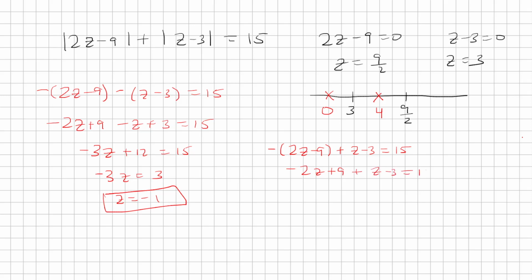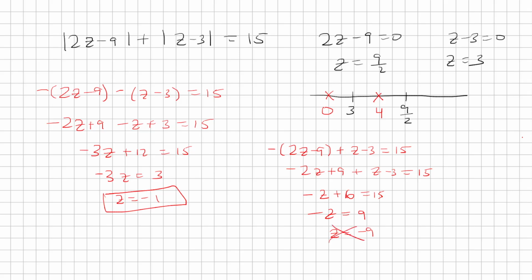Negative 2z plus z is negative z. 9 minus 3 is 6. That's equal to 15, which means negative z is equal to 9. So z is negative 9. Notice we're between 3 and 9 halves, so negative 9 doesn't work.